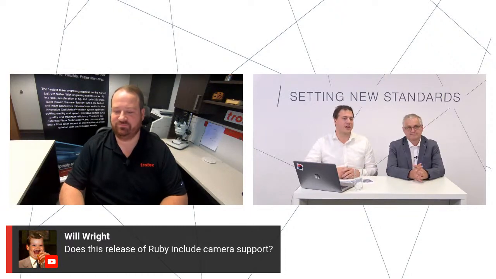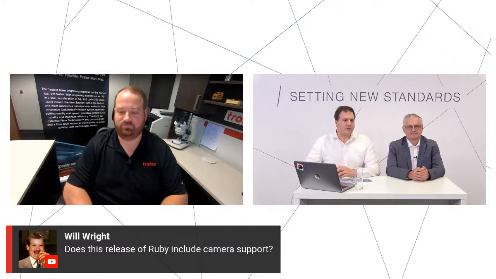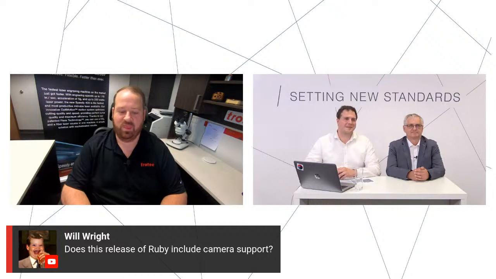And I'm really proud to say that we have a really robust solution there now that will even recognize reg marks under weak conditions. So that's now included also with Ruby 2, yeah. Yes, absolutely.